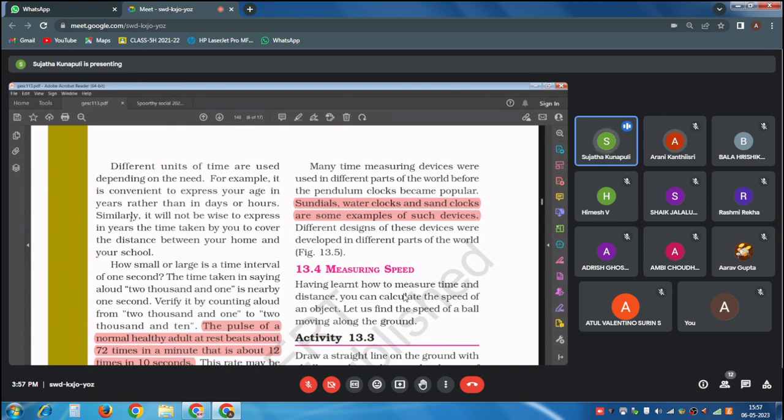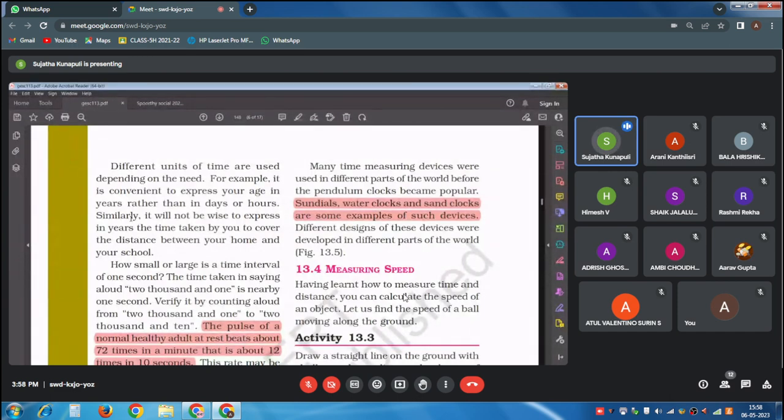In the same way, consider the time taken by you to cover the distance between your home and your school. How small or large is a time interval of 1 second?